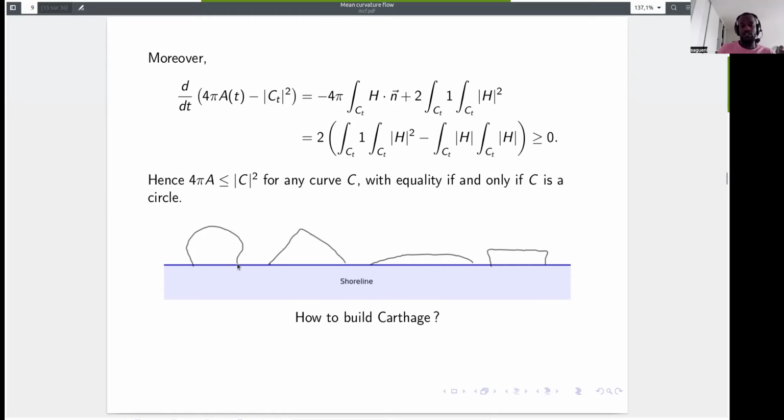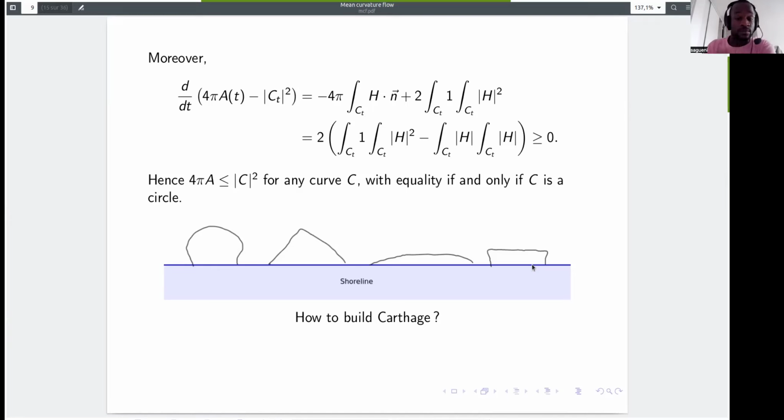To understand this, you take the symmetry with respect to the shoreline, and you have something which is closed, and if it has the largest area, then when you add the symmetry, it still has the largest area, considering that the rope length is fixed, because the best configuration is the circle.